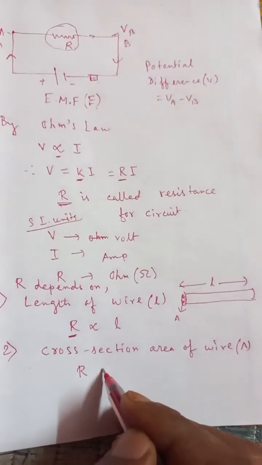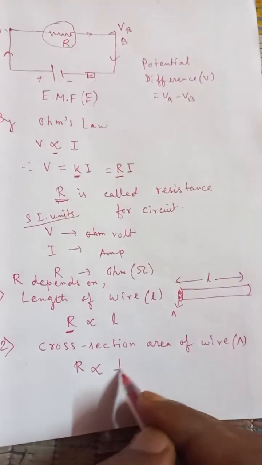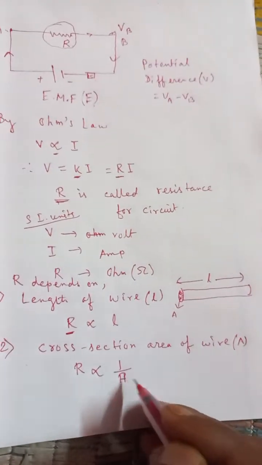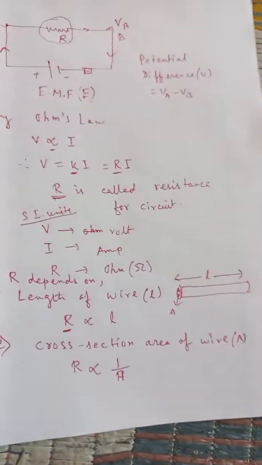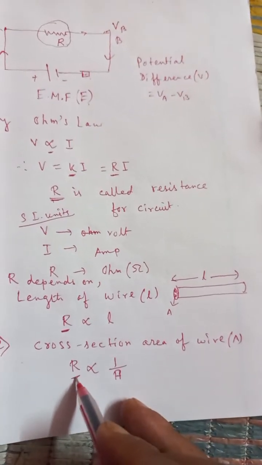R is inversely proportional to the cross section area. It means if we have more cross section area, then we have less resistance for the wire.